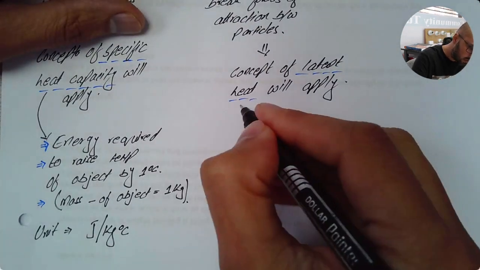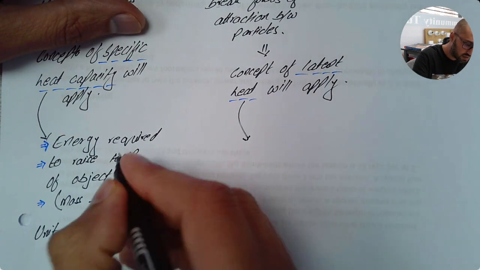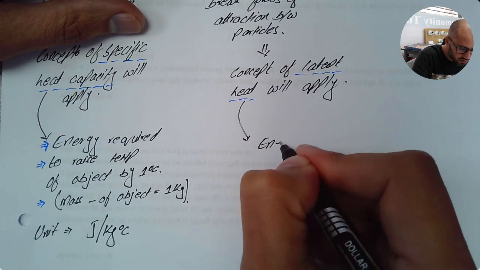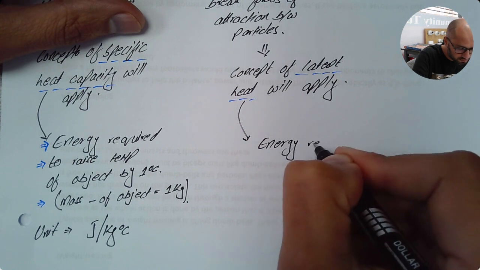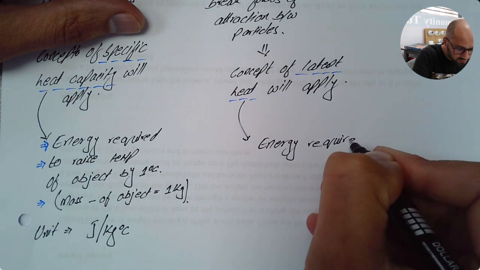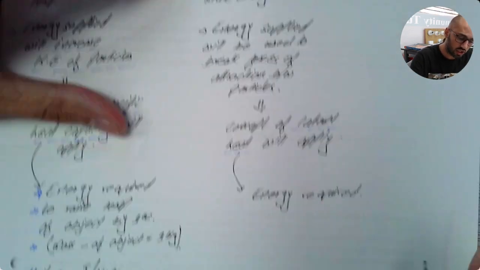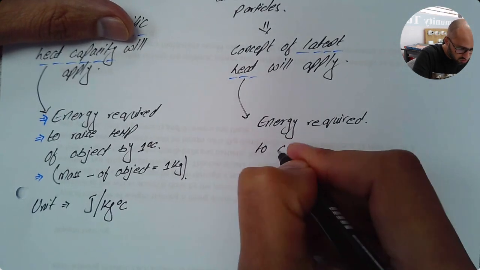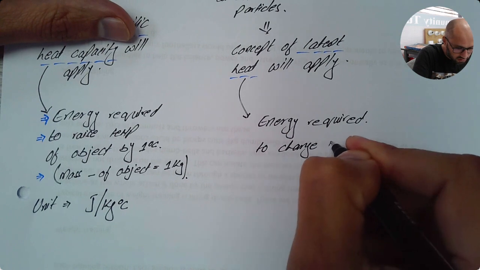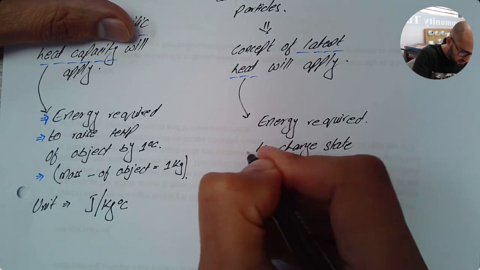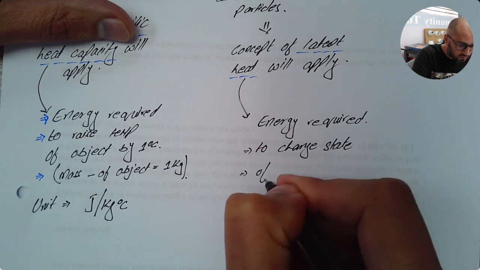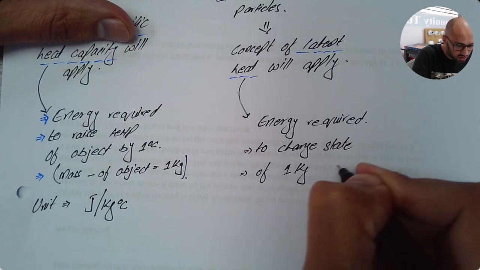On the other hand, when it comes to latent heat, again, the first section is the same. You'll say it is energy required, but this is not to raise temperature. This is to cause state change, to change state of a 1 kg object.